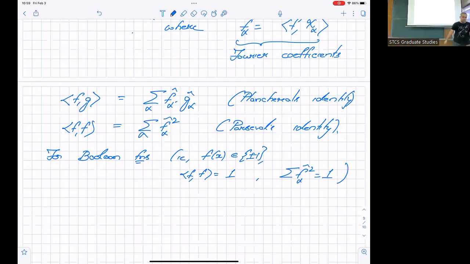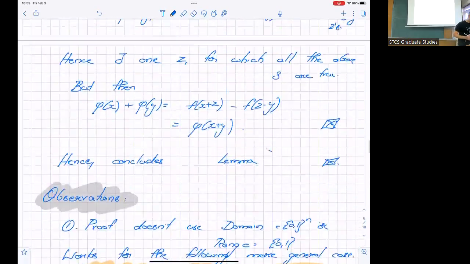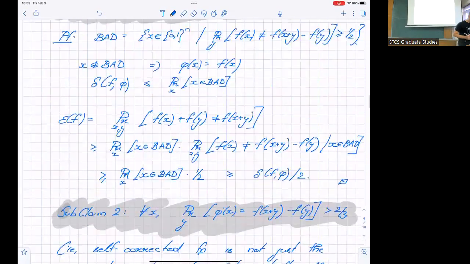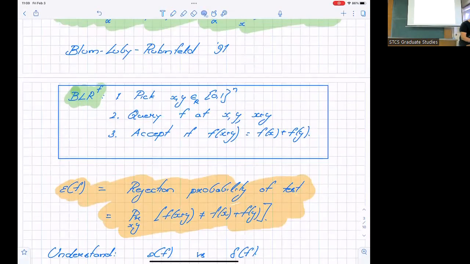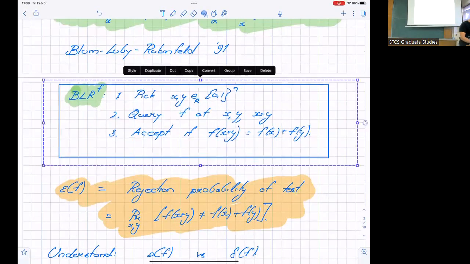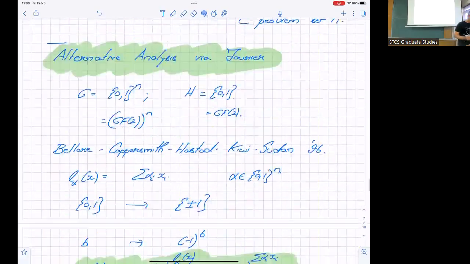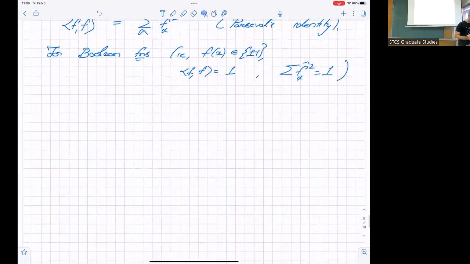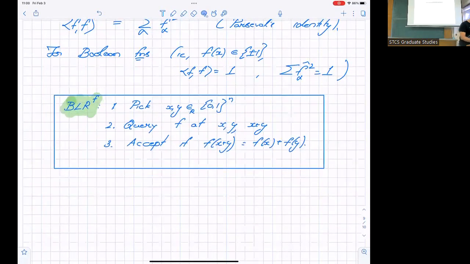Okay, so now let's go back to the linearity testing. Analyze using Fourier.